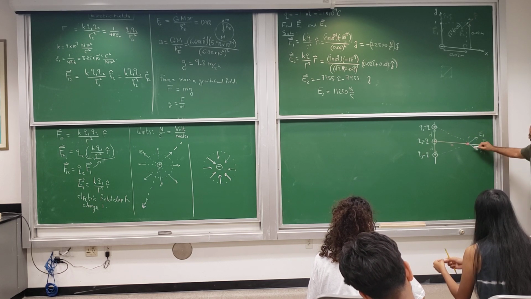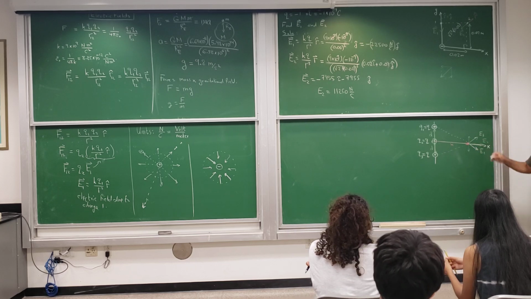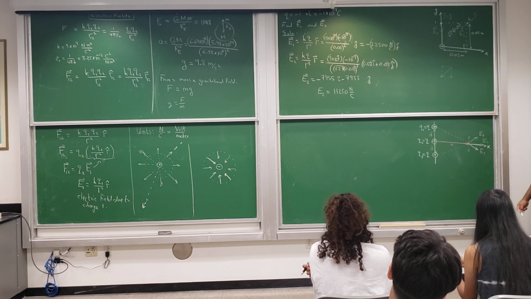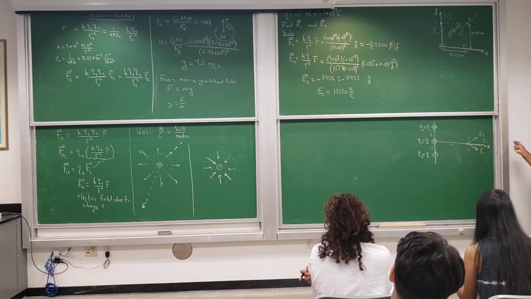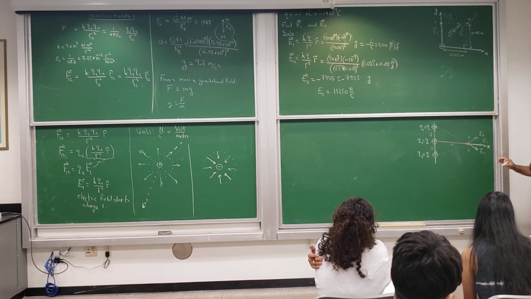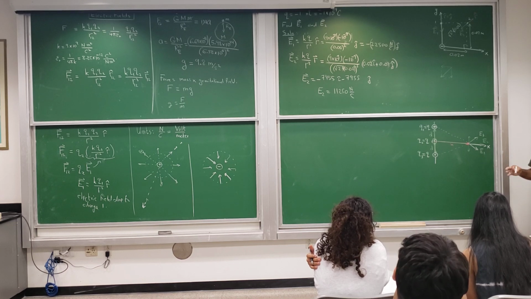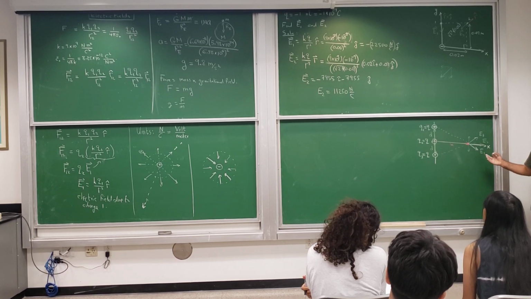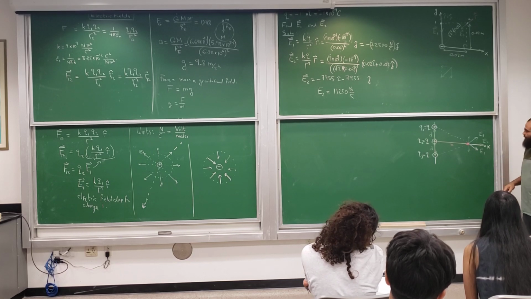So does E1, but this way. Since they're equal charges at the same distances, we expect them to cancel. So overall, the total electric field should just have an X component and no Y component. So we already know the answer, and when we do the math, we should match our expectation.